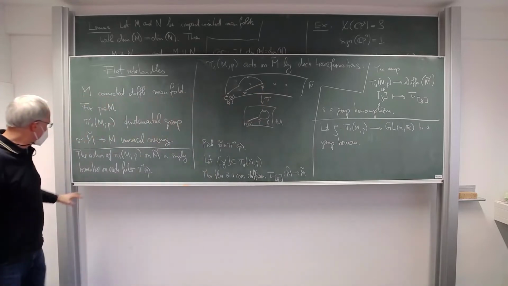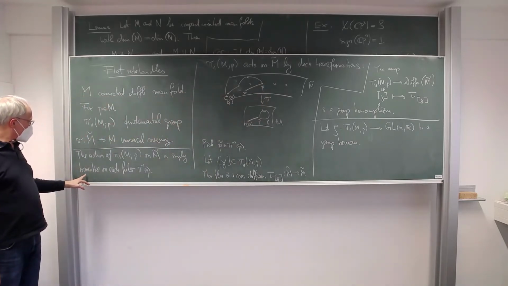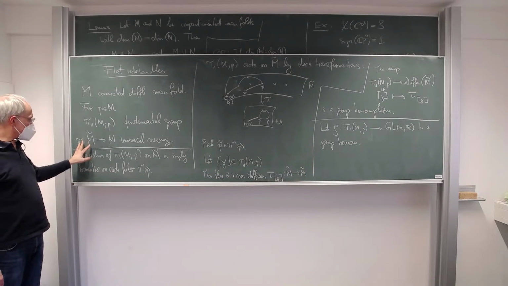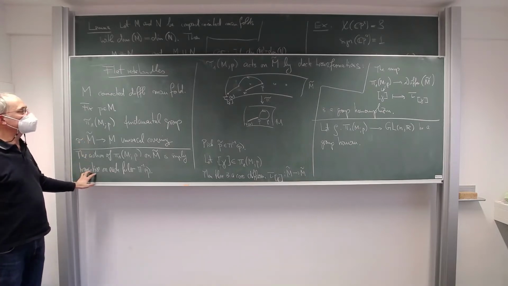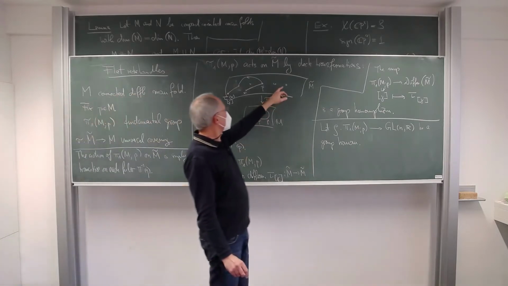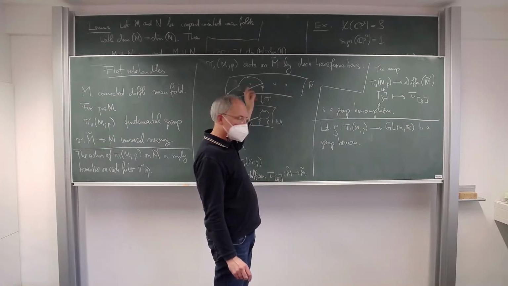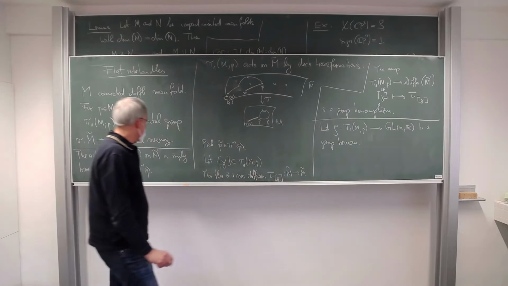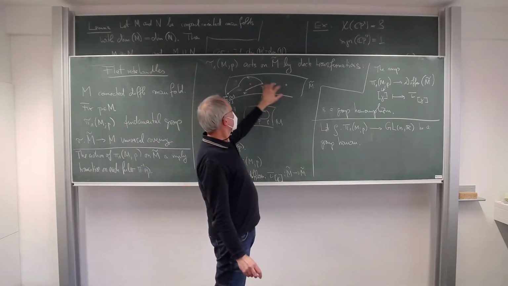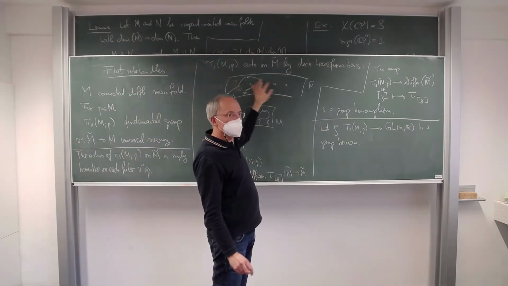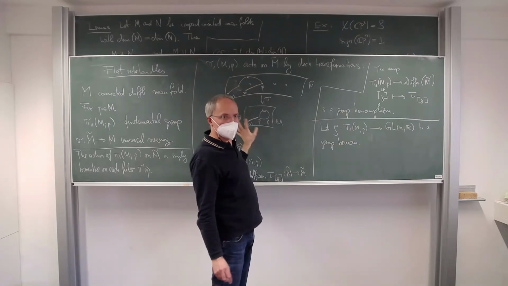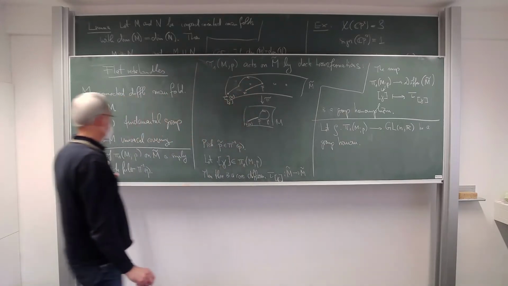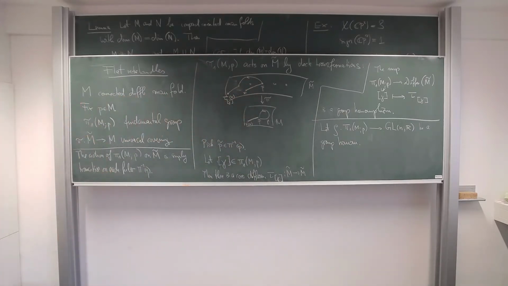And in the case of the universal covering, this map is transitive, so each point of the fiber can be mapped to any point of the fiber. And it's also simply transitive, so that means if we have two deck transformations which do the same thing on the fiber, then they are actually the same. So this is also the theory of deck transformations.